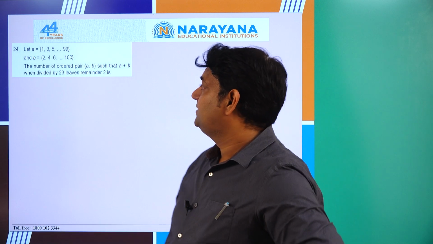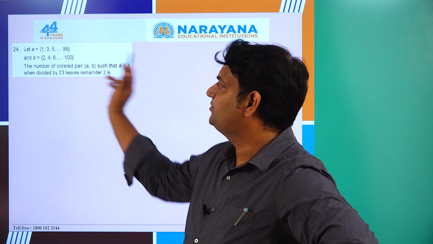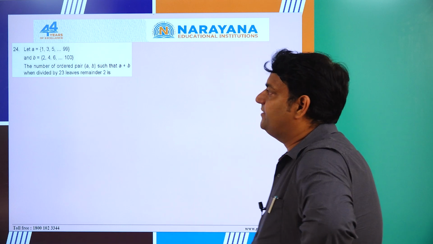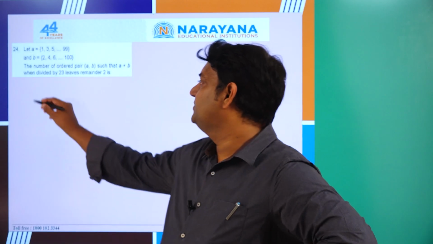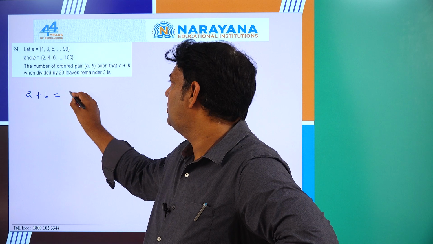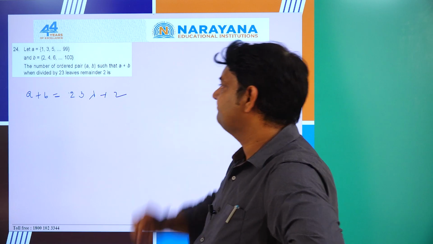What is that? A, you should take an odd number up to 99. B, you should take an even number up to 100. A plus B, when divided by 23, leaves remainder 2, means A plus B should be of the form 23 lambda plus 2.